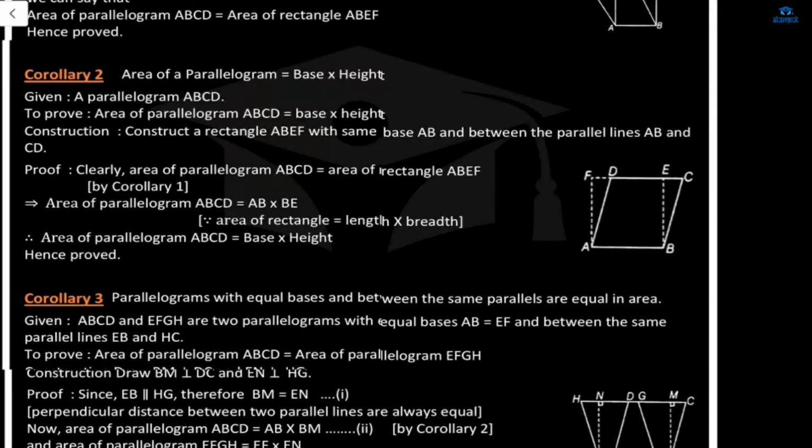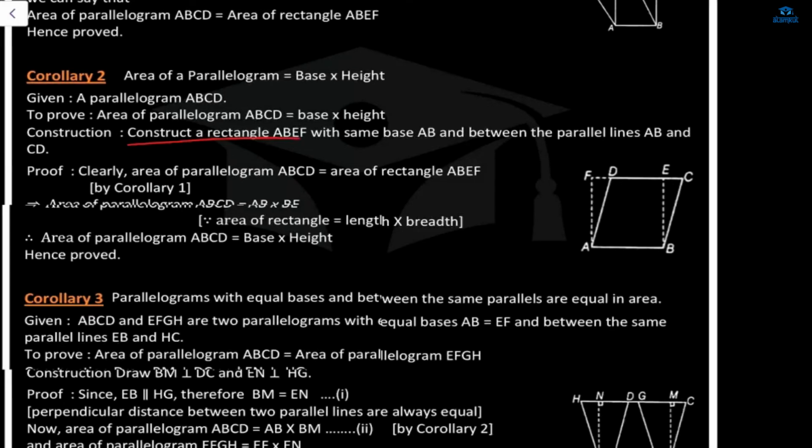I have already mentioned, construct a rectangle ABEF, because we have already proved that the area of the rectangle and the area of the parallelogram on the same base and between the same parallels are equal in area. So we are going to construct rectangle ABEF with the same base AB and between the same parallel lines AB and CD.